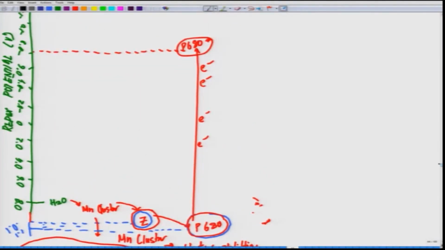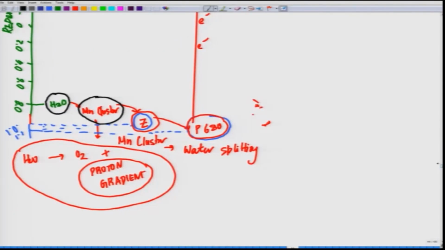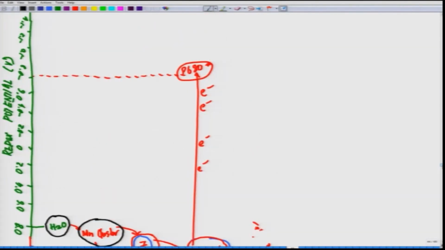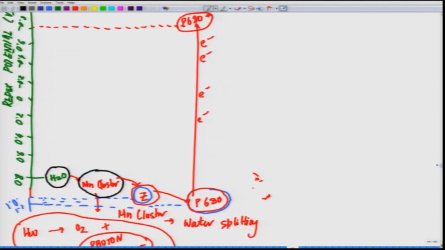the water molecule which is being entrapped in the manganese cluster. From the manganese cluster, the water is getting split and oxygen is being evolved, and that leads to a proton gradient, and the electron is being funneled to P680, which is photosystem 2, to bring back that chlorophyll molecule which is devoid of that electron.